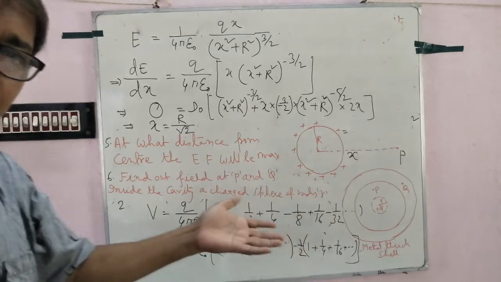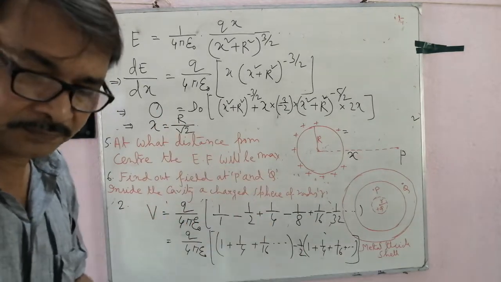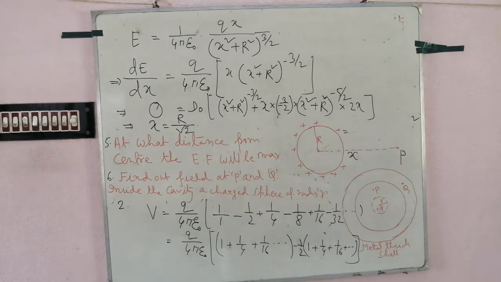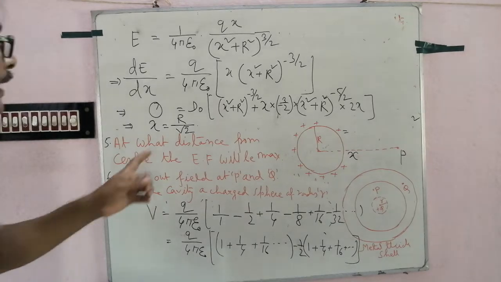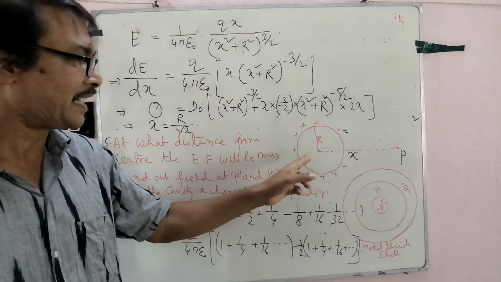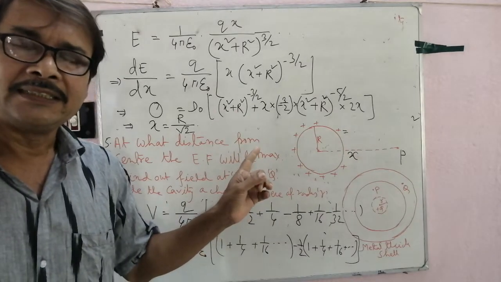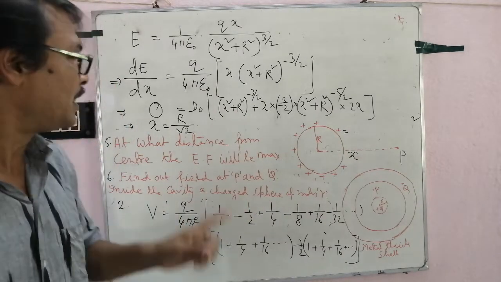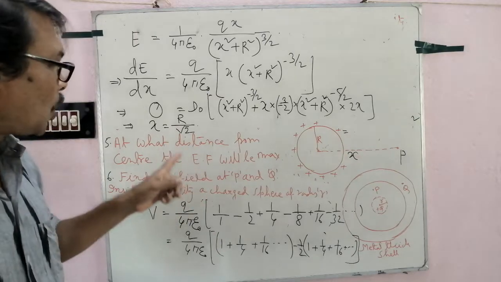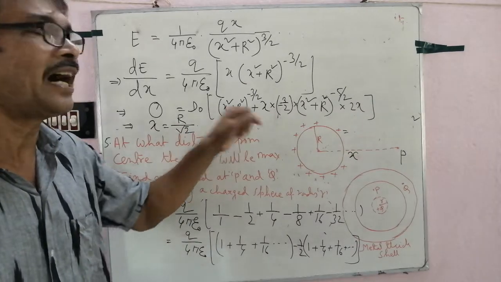In MCQ also, this type of question may be set: for a charged ring of radius capital R, at what distance from the center will the electric field be maximum? Option A R, option B r/2, option C r/√2, option D r/√3.